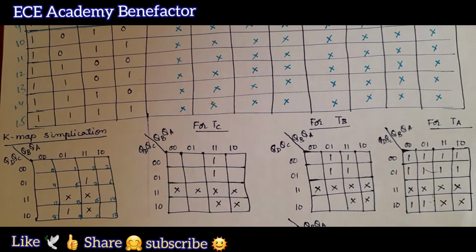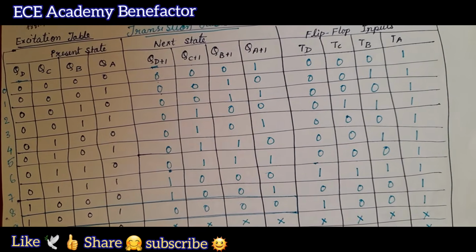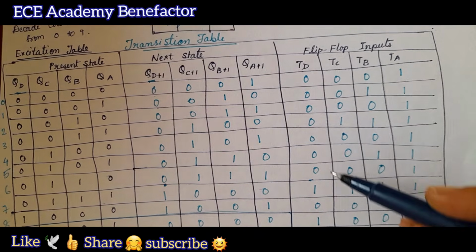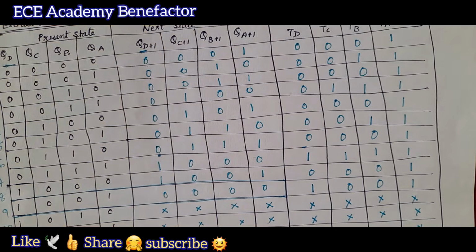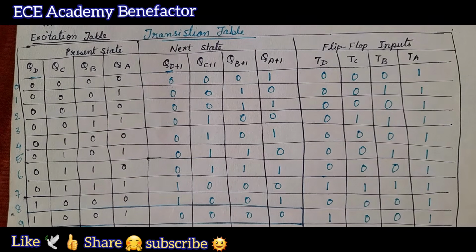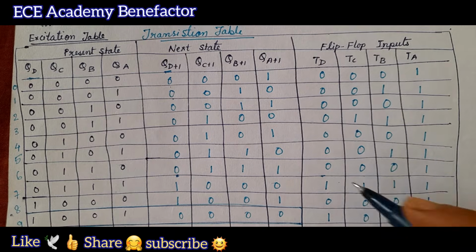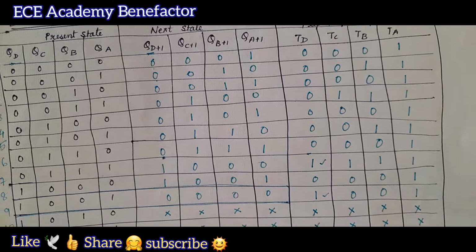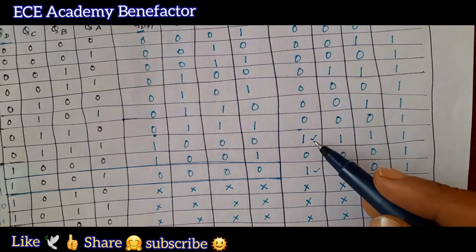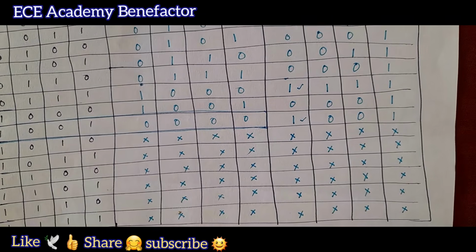Okay, after filling this, now let us see this TD column. So where do we find ones? In the TD column we find 1 at 7 and at 9. Only at 7 and 9 we have 1, and from 10 to 15 all are don't care.